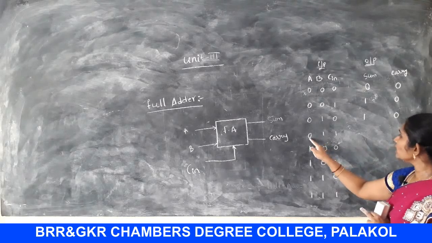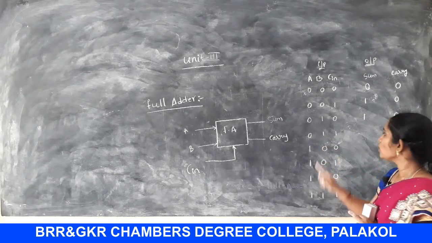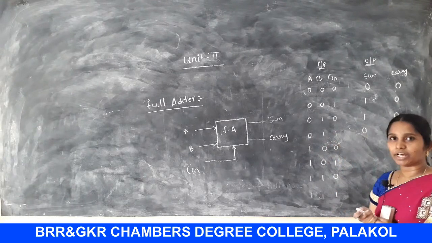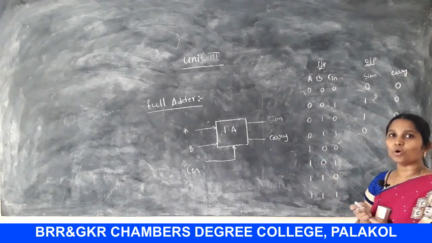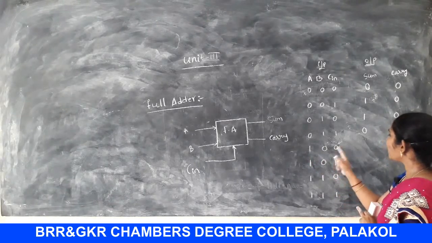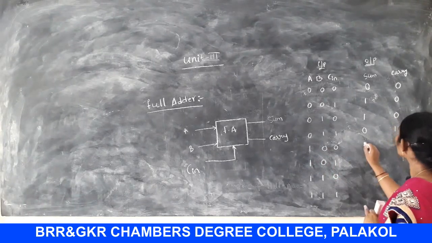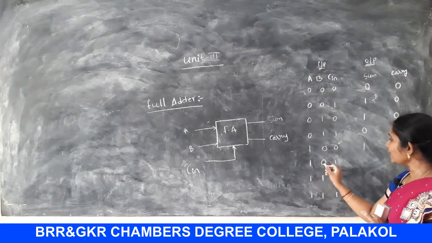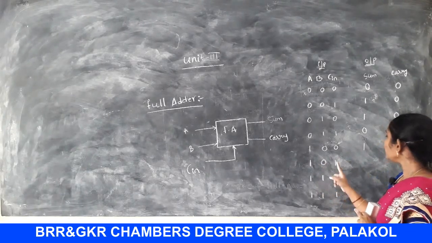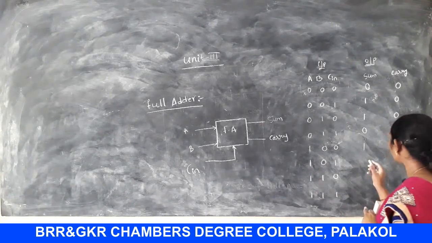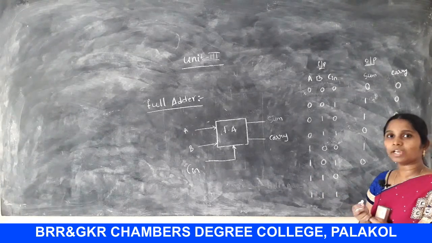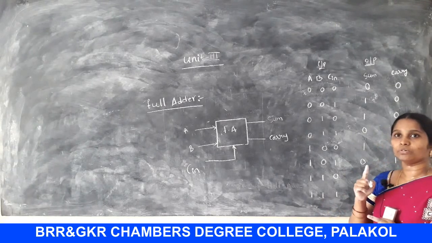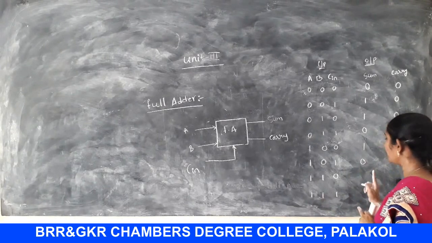Next, 0 plus 1 is 1, 1 plus 1 is sum 0, carry 1. And again 1 plus 0 is 1, and 1 plus 0 is 1, so sum is 1 and carry is 0. Then 1 plus 0 is 1 and 1 plus 1 is sum 0, carry 1.